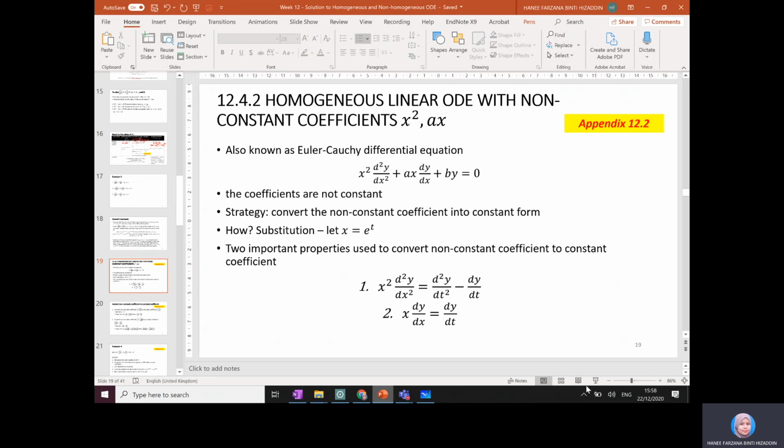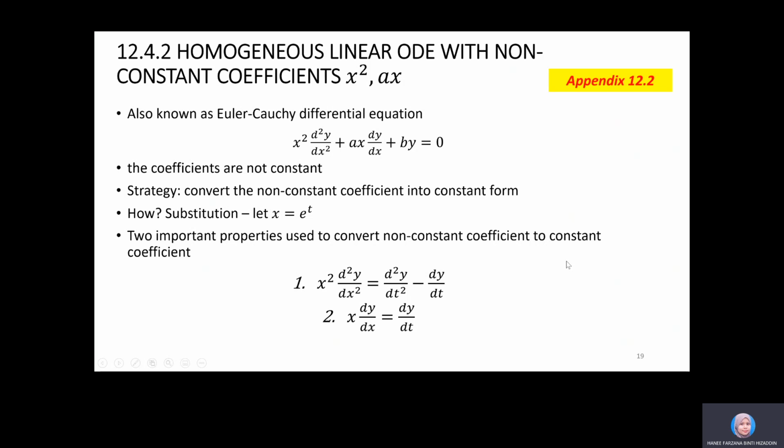The idea here is you convert this thing because it has x squared, and x squared is not a constant coefficient. So you want to convert it into a constant form. So you let x equal e to the t and you work out dx dt, or just use some y notation. You can have a look at the details in appendix 12.2.